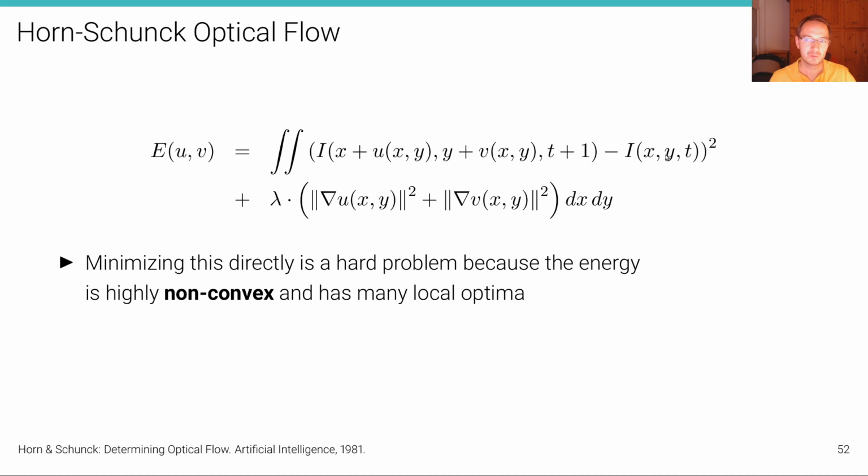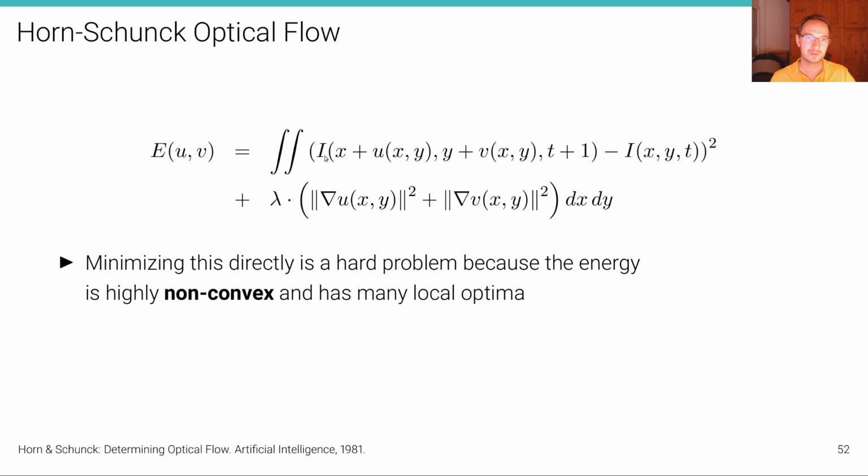Because while we have a quadratic term here, the variables that we are estimating, u and v, which are these functions, these flow fields, are appearing as arguments inside the image operator. And of course, the image is typically something quite complicated.